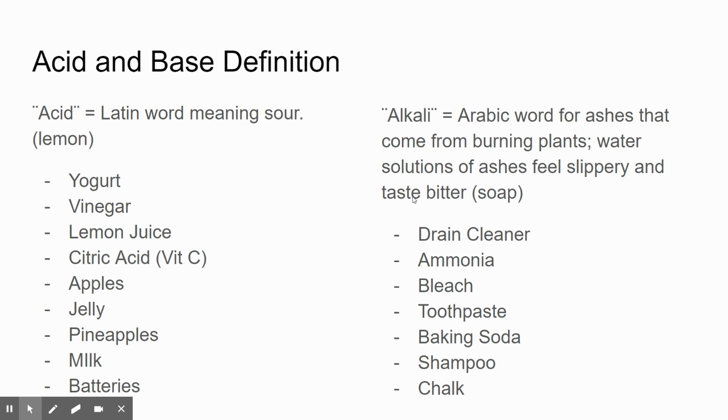Soap is basically lye, or sodium hydroxide, or a base, reacted with any kind of oil or fat, and when they react, they form soap. If anyone's seen Fight Club, they make soap out of human fat.